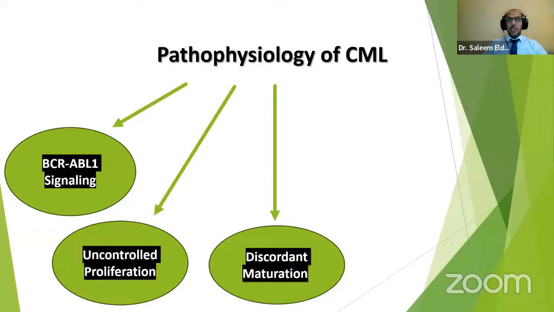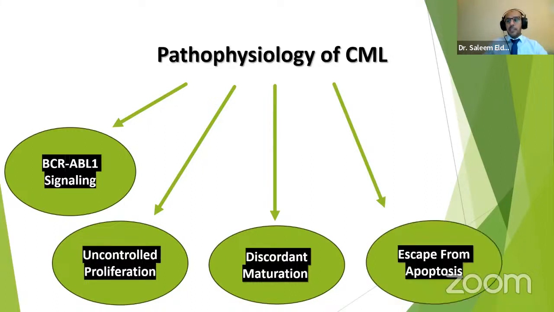Discordant maturation, as the CML cells, CML progenitor cells, have more differentiation and less self-renewal. And this imbalance between differentiation and self-renewal is called discordant maturation.